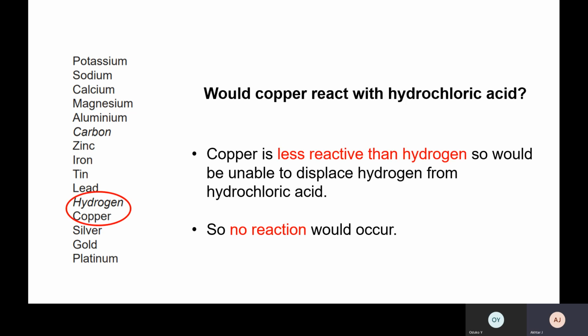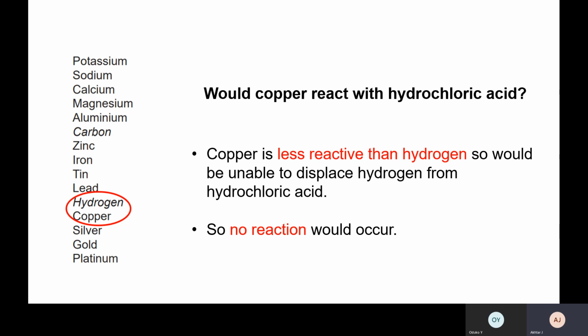The answer is no. Because copper is less reactive than hydrogen, it will not be able to displace the hydrogen in the acid. So because it's not reactive enough, no reaction would occur, and the hydrogen ions will not be displaced, so you wouldn't form hydrogen gas or a salt.